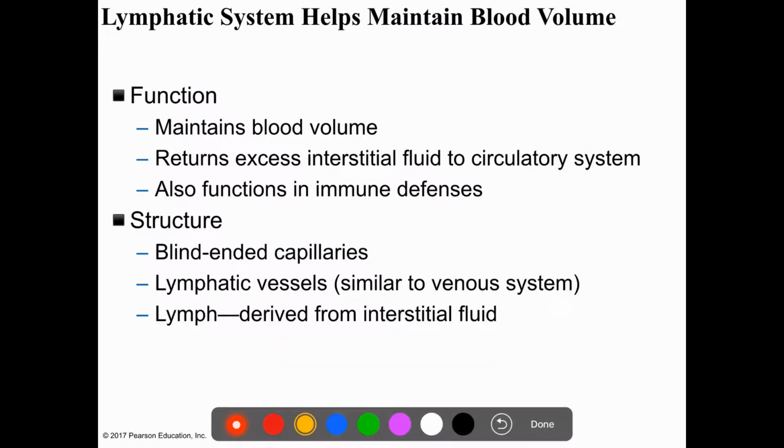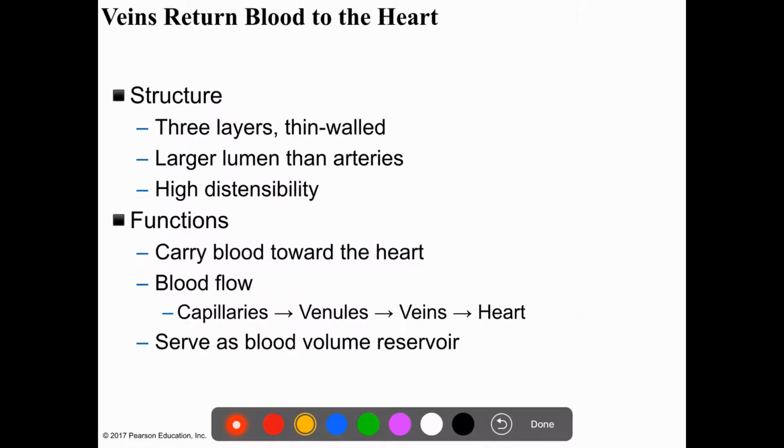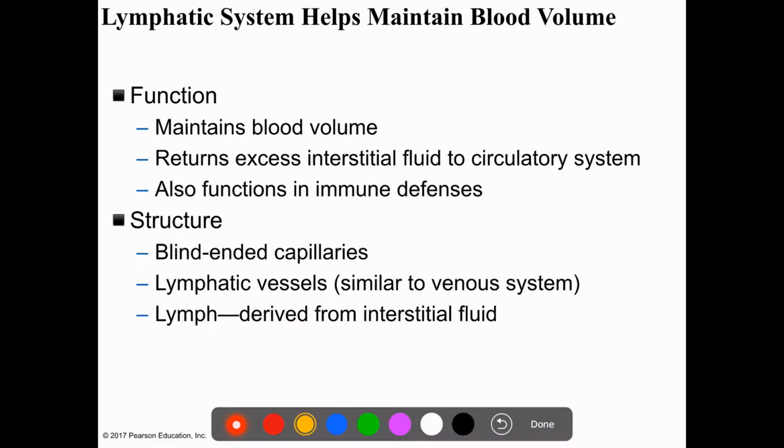In many cases, there are substances larger than the blood capillaries can accept. And these substances would go back through the lymphatic system, because the blood capillaries cannot hold them, they are too large. So the lymphatic system would pick up these materials.